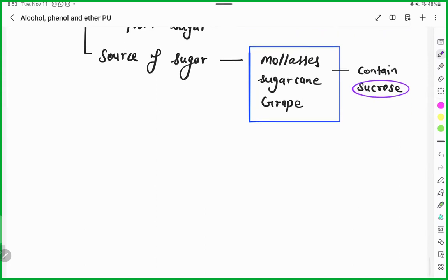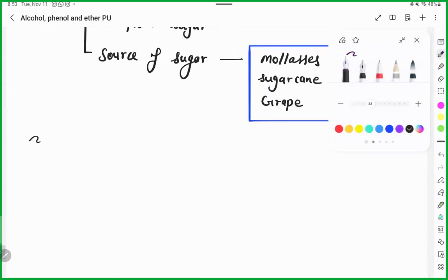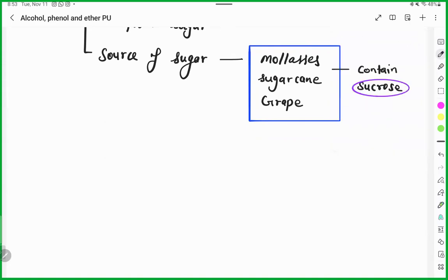Got it? And what is the formula of sucrose? C12H22O11. This is sucrose. What is the formula of maltose?